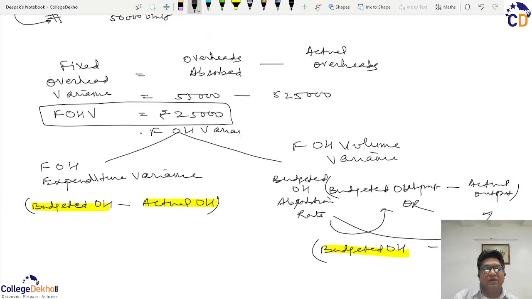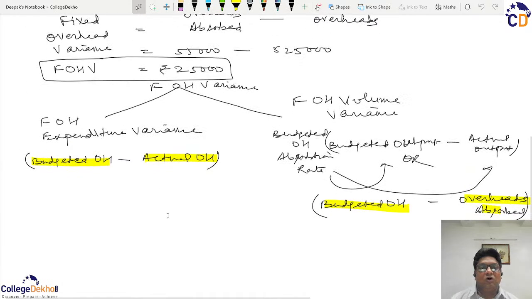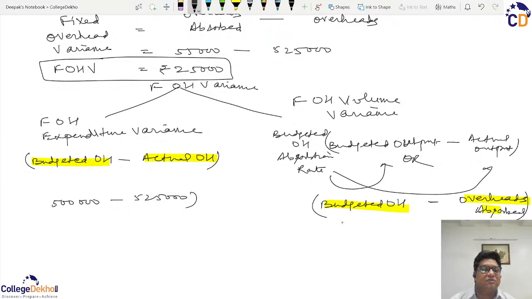So you will see here that this fixed overhead variance of 25,000 will be equal to the total of these two variances. For example, in this case, the budgeted overheads were 5 lakhs and the actual overheads were 5,25,000.